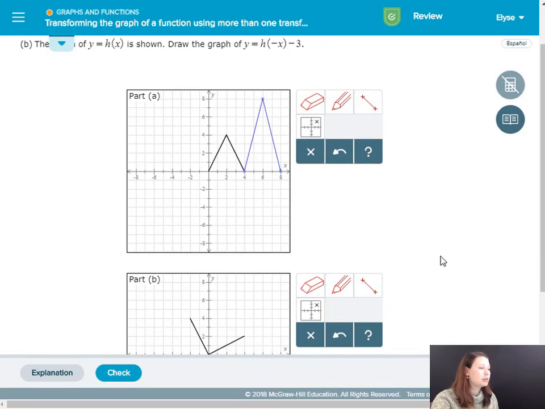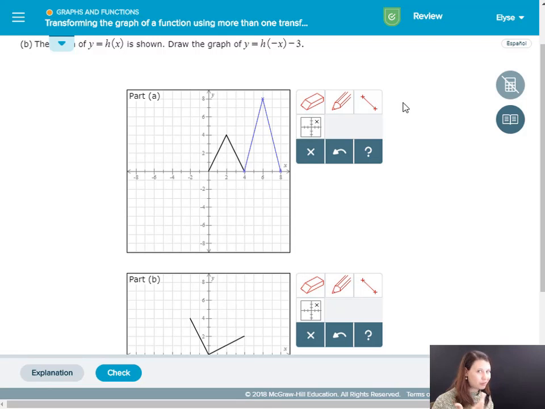So let's now do the second one. The first thing we should look at is, well, we do a horizontal shift, then we do a reflection. We have a reflection. This is a negative on the x. So which did that change? Did it reflect it about the x or the y? Well, remember, it goes the opposite of what you think.